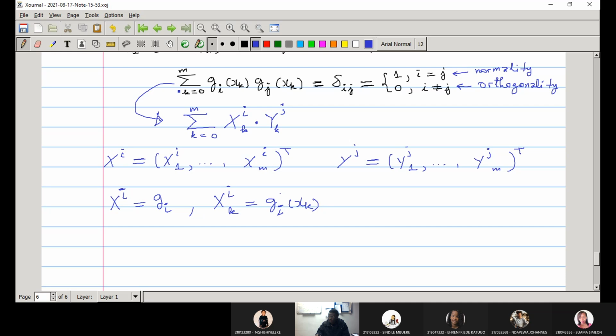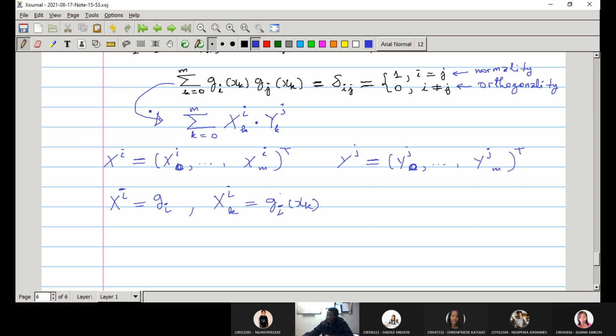So you can see that this is a dot product in Rm. Oh, okay, start from 0 here. So from 0. So you can see that this is a dot product in Rm plus 1, because in total we have from 0 to n, we have m plus 1 subscript.